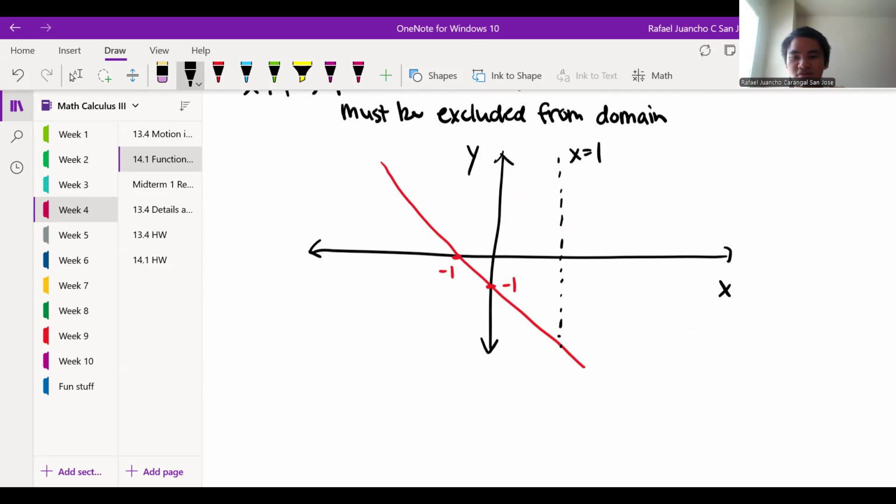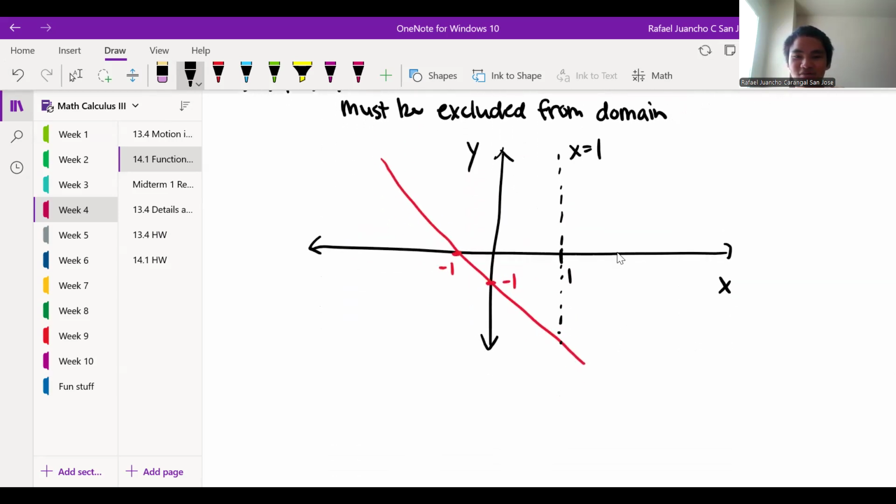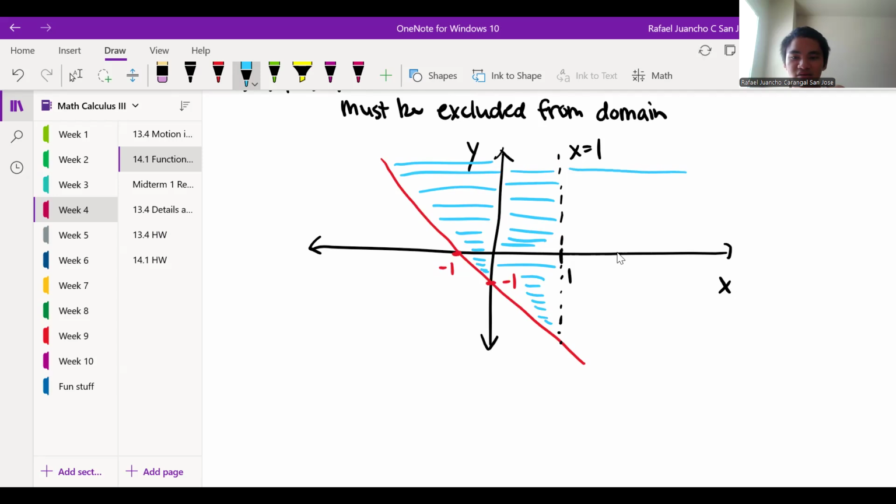Now, do I bother finding the intersection? No. I don't need to. But basically, that's the domain. It's all of these stuff, all of these stuff. Okay, all of that. And then the rest.